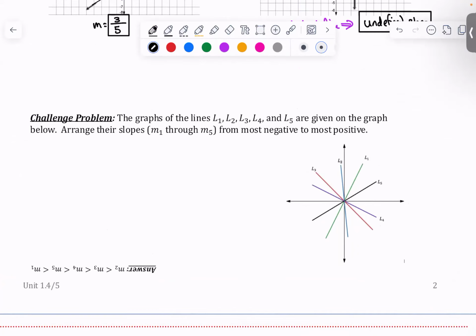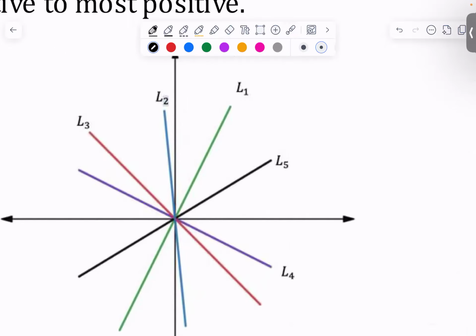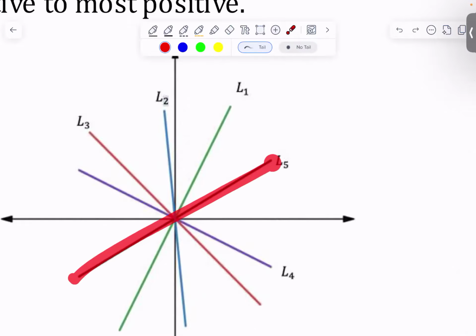Just remember that the steeper the graph, the more positive or more negative the slope would be. To give you a hint on the starting point, the slope of L5 is smaller than the slope of L1 because L1 is a steeper positive slope. Because L1 is a steeper line, it has a larger slope.